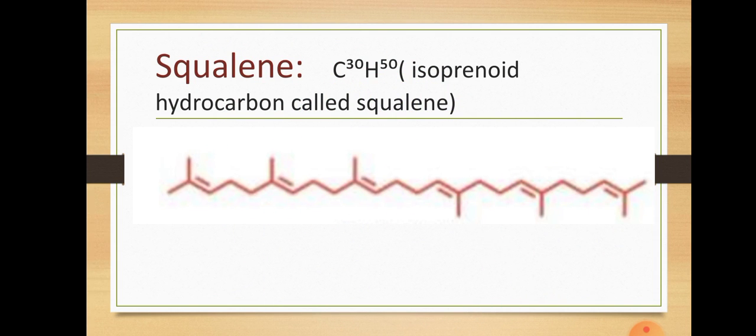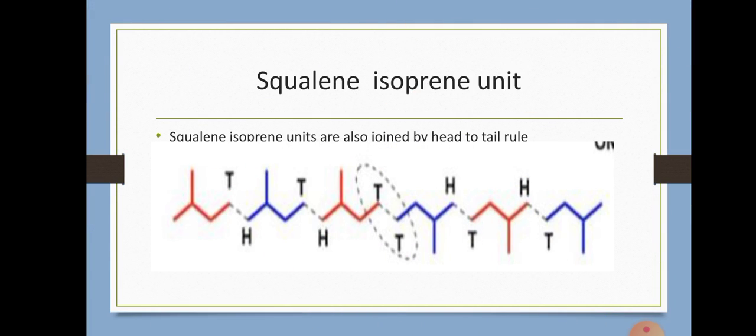Now let's go towards the classification of the triterpenes. A compound of triterpenes is squalene, having 30 carbon atoms. This diagram shows the 30 carbon atoms and 50 hydrogen atoms with single and double bonds.